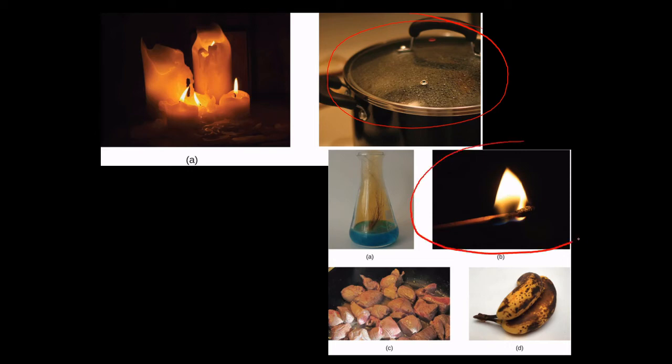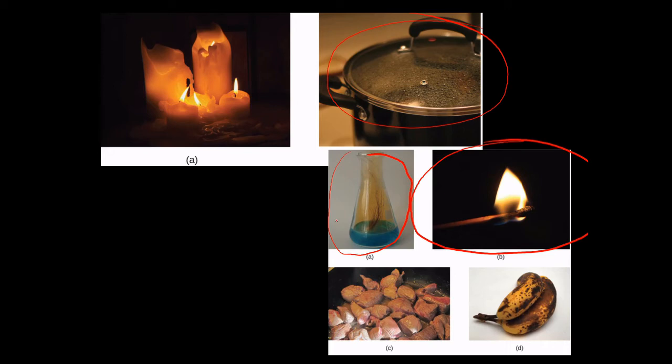With the match burning, that is a chemical change, because again, burning anything is a chemical change. Same thing here with part A. Anytime you see a color change like this, something going from blue to brown, there's a chemical change happening.